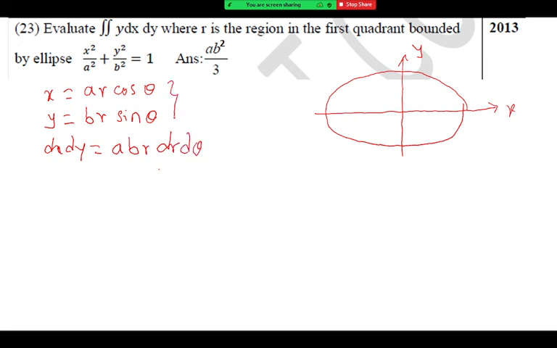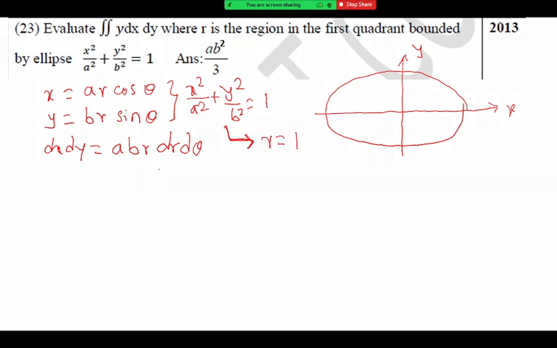And not only this, an important thing you should remember is this equation. If you replace these values in the equation x squared upon a squared plus y squared upon b squared equals 1, this equation transforms to what? Already we discussed this. Replace x by a r cos theta and y by b r sin theta in the ellipse equation. r is equal to 1.